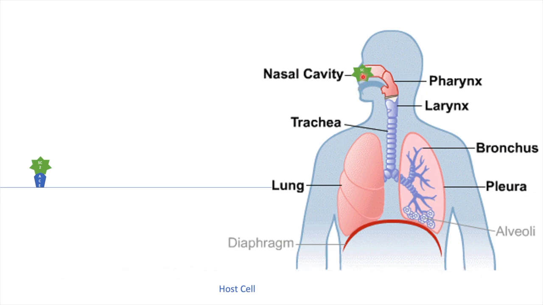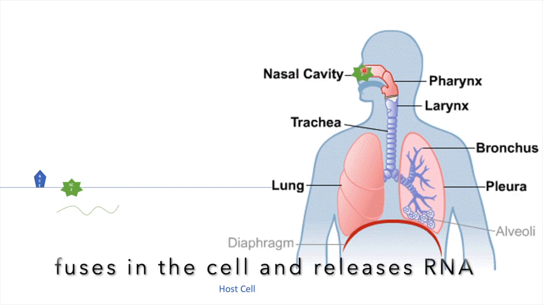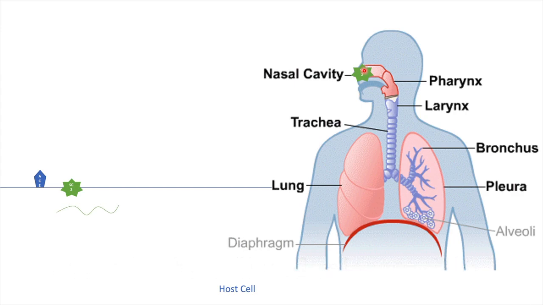It first attaches to the cells of the mucosal lining, which is the skin around the nose and the respiratory tract. The virus fuses in the cell and releases its genetic material, an RNA. Normally, a cell would have a factory called a ribosome to produce proteins for the cell to multiply.